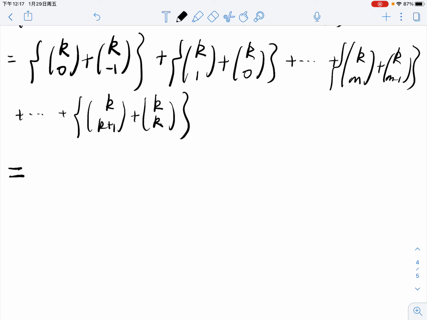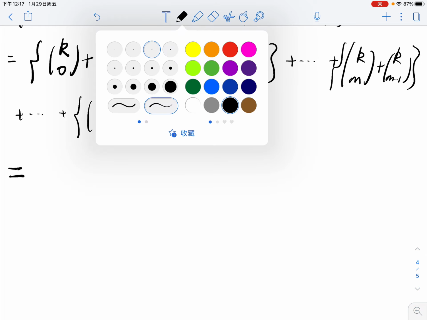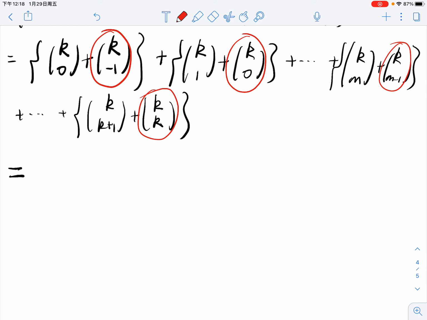So we have two lines. In the first line, you just choose the combinatorial numbers with smaller lower subscripts. So we choose this one, this one, this one, this one. So write as k choose -1 plus k choose 0 plus k choose 1 plus all the way to k choose m-1 plus all the way to k choose k-1 plus k choose k.